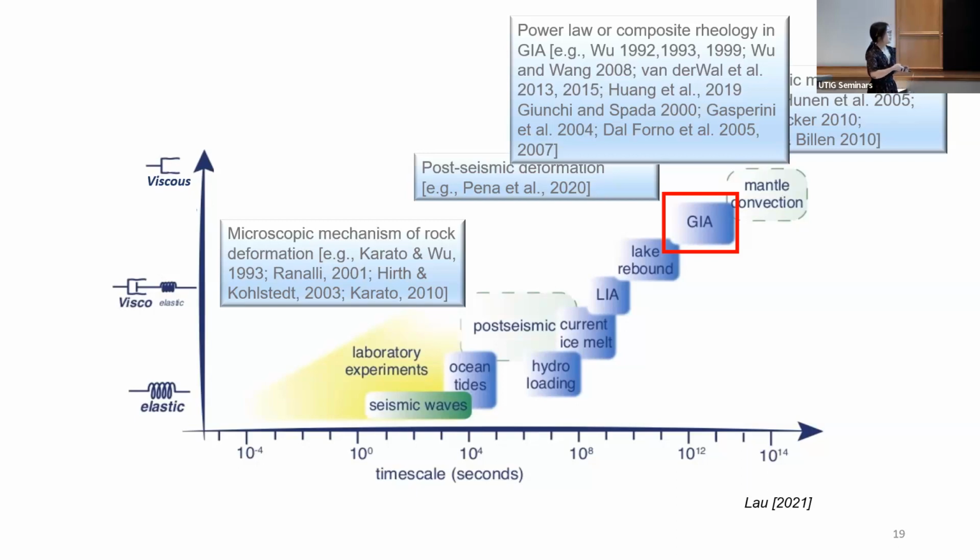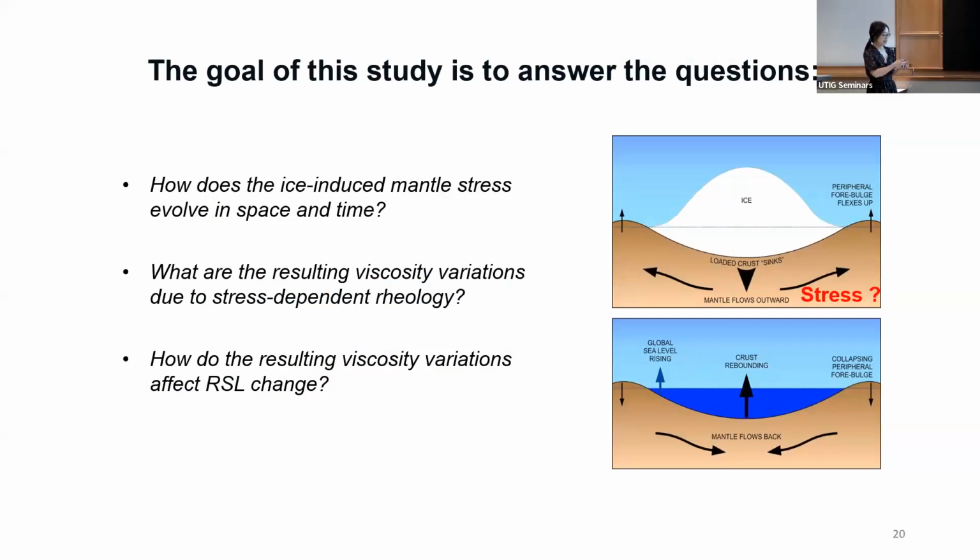But in my work, with my advisor, we want to go back a little bit further and see some basic physical questions. For example, if we consider the non-Newtonian rheology, we need to deal with the stress, right?